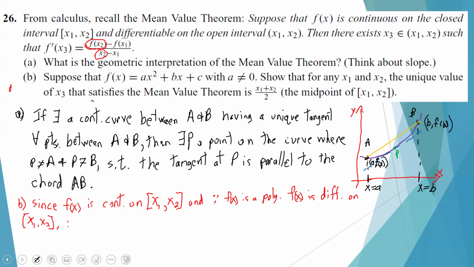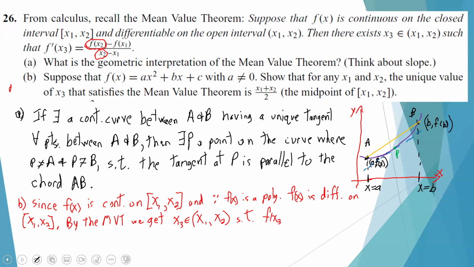So from this, by the mean value theorem, we get that x3 is in the open interval x1, x2, such that the derivative of f at x3 is equal to f of x2 minus f of x1 over x2 minus x1.